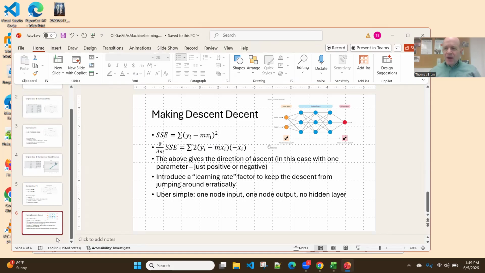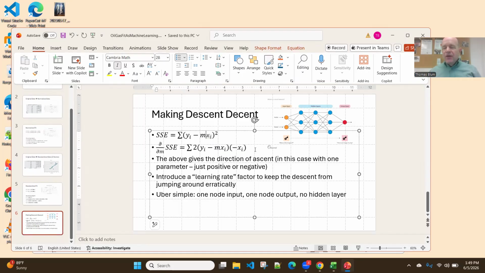So the least squared idea is right here in this SSE, where we take our observed Y's and our model's expected Y's. In this case, I'm working with the standardized data, so I don't have any intercept. I don't have any B here.